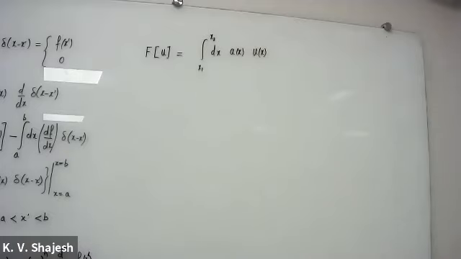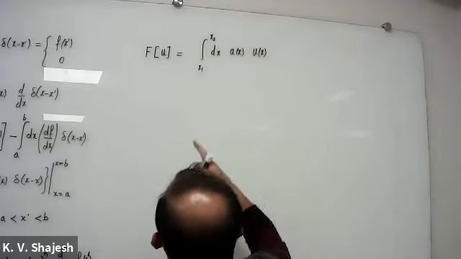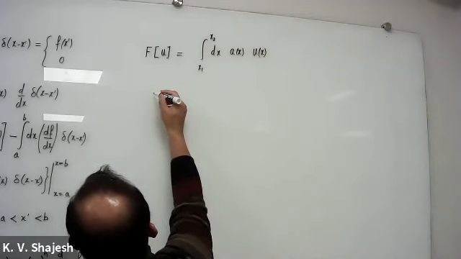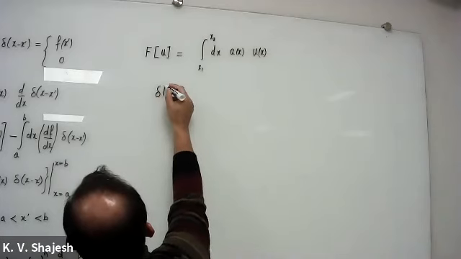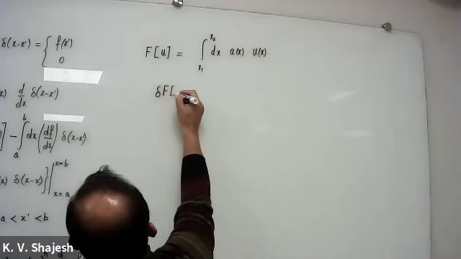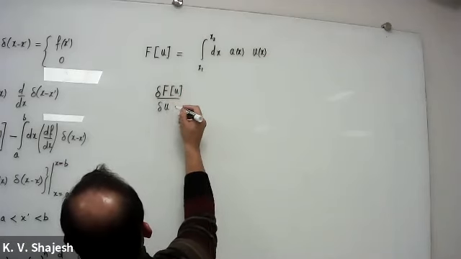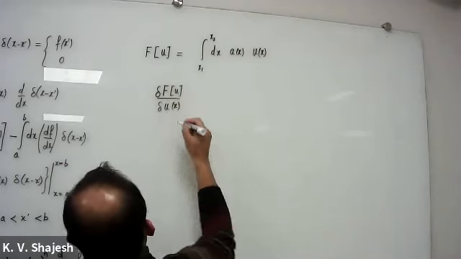That's what we would like to differentiate with respect to a function. So the way you would go about it is you want to do the functional derivative of F of u with respect to u itself, but a particular function.